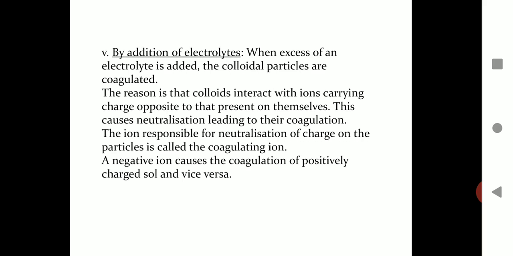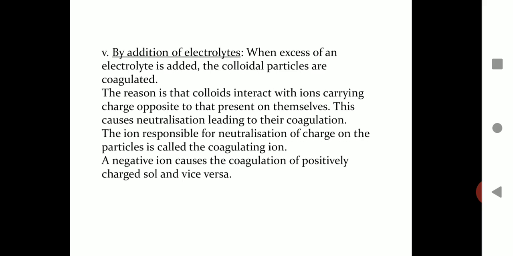And once the charge on the colloidal particles is neutralized, then the repulsive forces which were acting previously between these colloidal particles will no more be functional, and hence the particles will start aggregating and changing into larger size particles, and thus that will lead to coagulation of the colloidal sol.